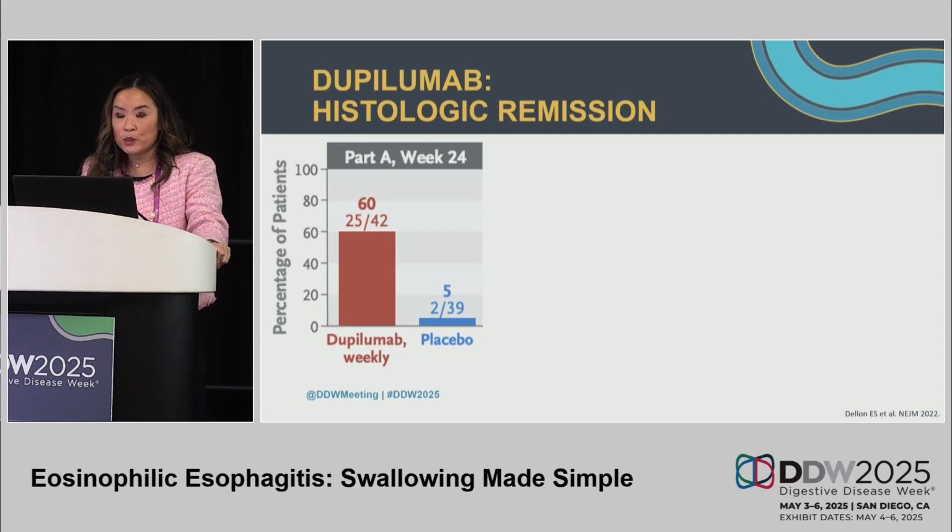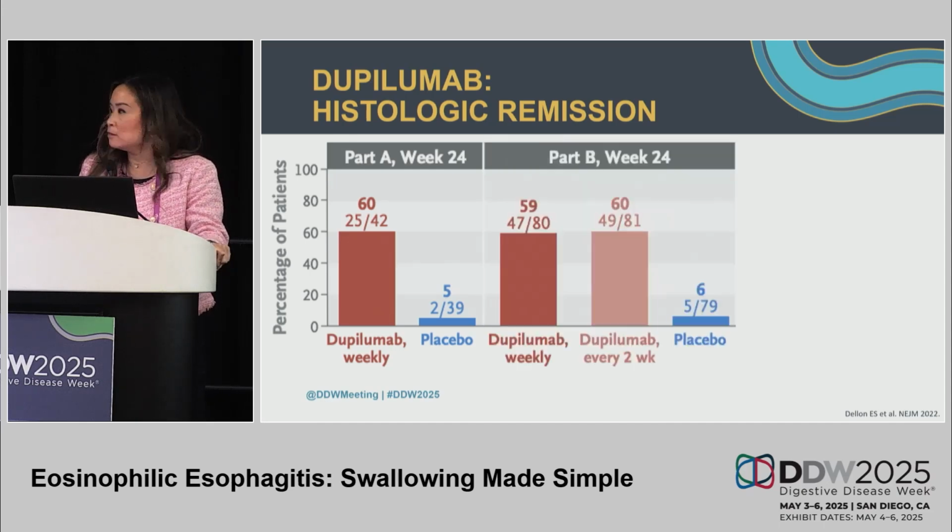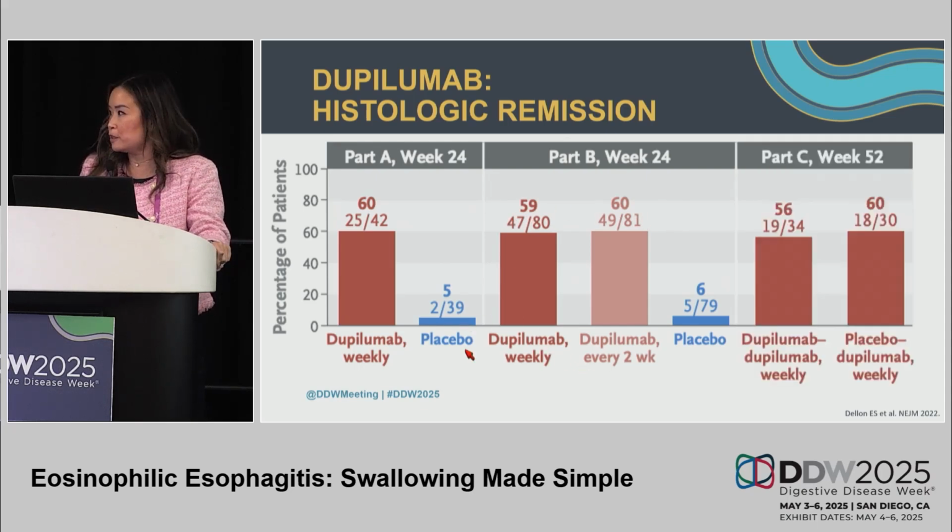The results of the study showed that 60% of patients achieved histologic remission on dupilumab weekly versus 5% with placebo. In Part B, when you compare dupilumab weekly versus every 2 weeks, we saw similar results with histologic remission. About 59 to 60% responded histologically to dupilumab versus 6% with placebo.